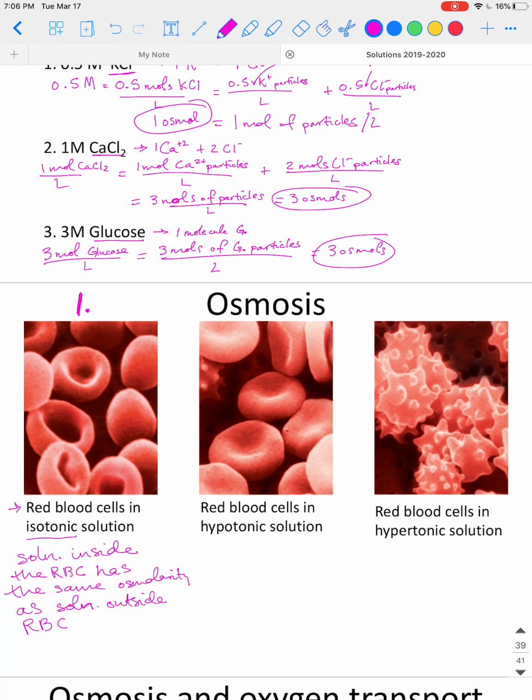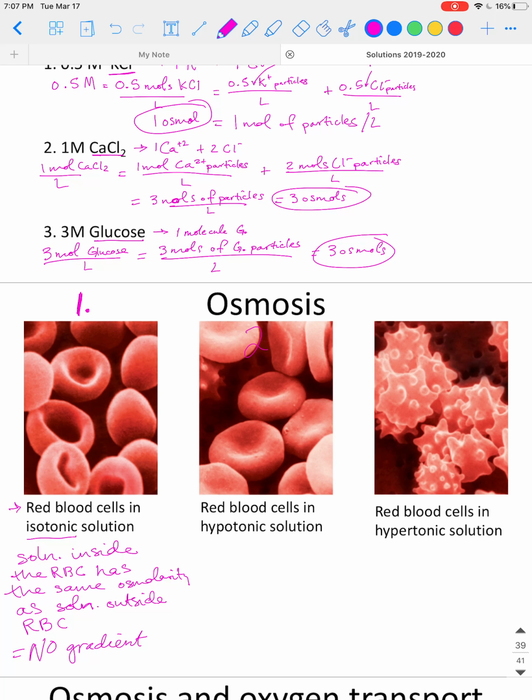When the solutions are isotonic inside and outside the blood cells, we have the same osmolarity of particles. What kind of particles are we talking about? Lots of different particles in blood and intracellular, extracellular fluid. There's proteins, there's electrolytes, all kinds of stuff. But essentially what we need to know is there is no gradient. There's no gradient here when the solutions are isotonic, and you get these nice donut-looking red blood cells.